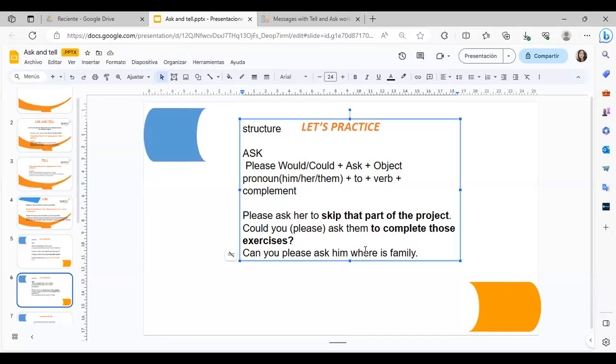But in here, you're just using ask. How do I explain it, guys? In this example, you are just asking me to ask him where his family is. But here you're not asking me to tell him to do something, like in the previous examples, because that is how it is used. Okay? I don't know if you got it or it's not clear.